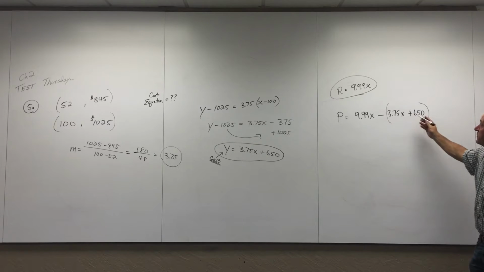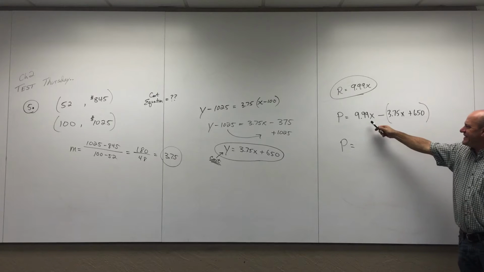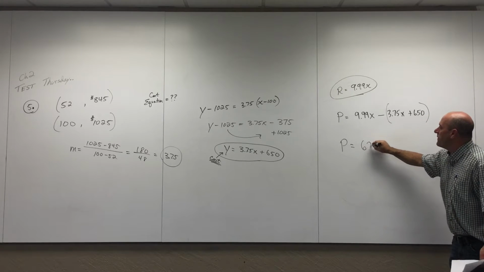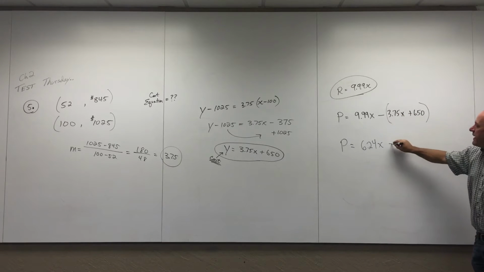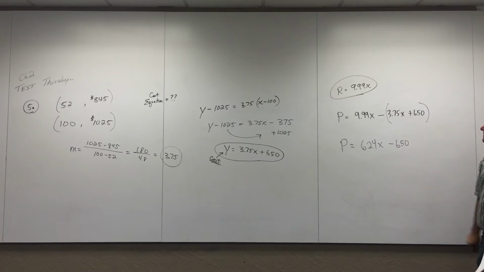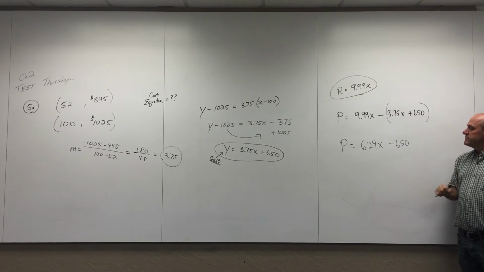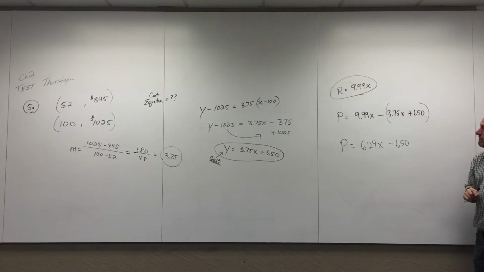So now I'll distribute the negative sign, and the profit function actually looks like this. 9.99x minus 3.75x is 6.24x. And then the minus sign distributes, minus 650. So I wanted this profit equation, and some of you had a mistake right there. But all these things were worth 2 or 3 points.